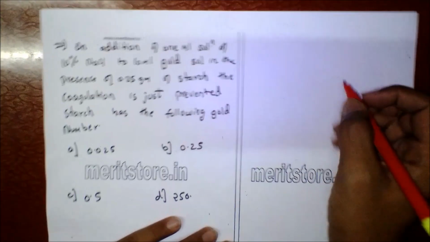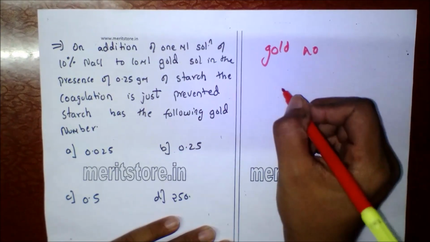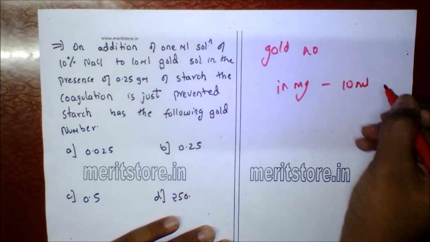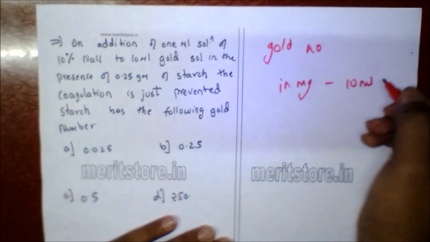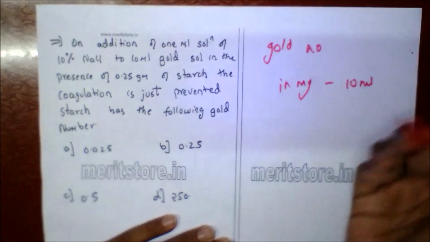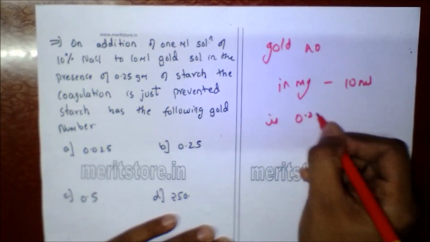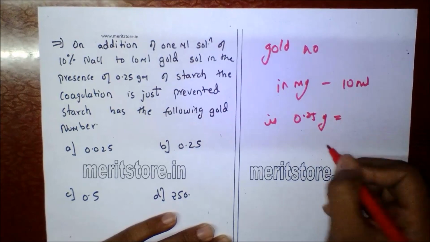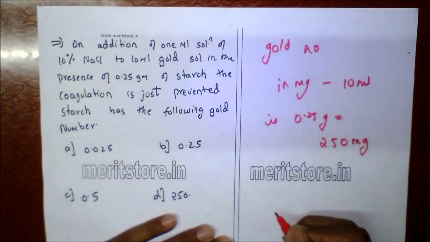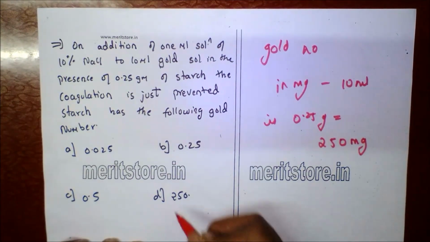Now, by definition, the gold number of starch is the amount of starch in mg added to 10 ml of standard gold solution which prevents the coagulation of gold on adding 1 ml of 10% NaCl solution. So the amount of starch is 0.25 grams, which is equal to 250 mg. Hence the gold number is 250. Therefore, the correct answer is option D.